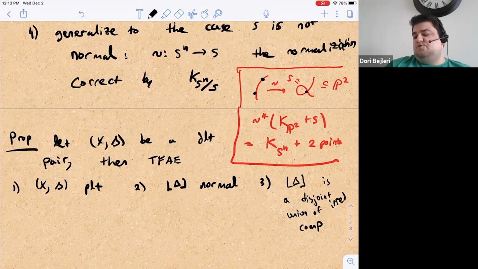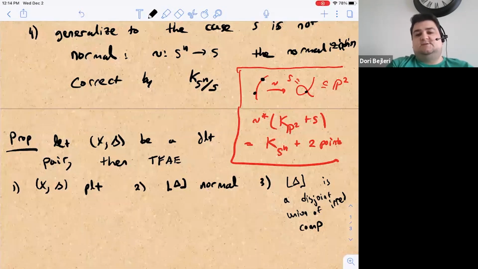So 2 and 3, I won't write down the proof, but 2 and 3 basically come from the computation of discrepancies when you have 2 divisors with coefficient 1 that intersect. Anytime they intersect with coefficient 1, you reduce to the case of surfaces, and then you have two curves with coefficient 1 intersecting, and there you'll get a discrepancy that's exactly -1 if they're intersecting nodally.